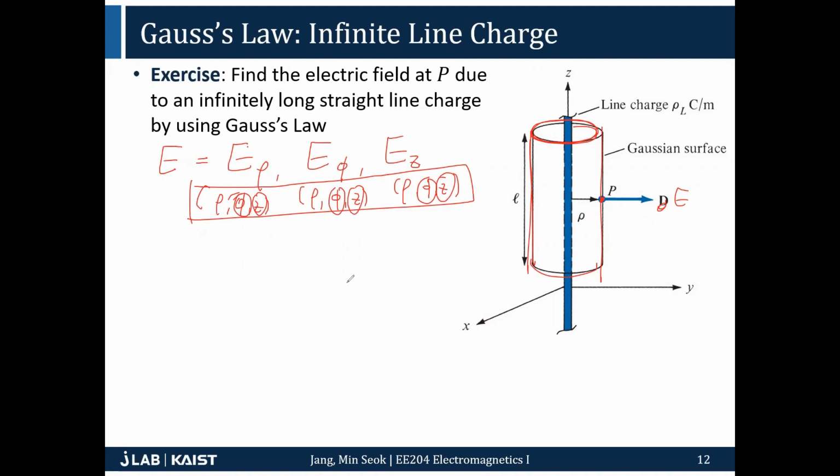Because it's easy, right? In order to know that, let's say you do a z translation, like you translate this entire system by z. Basically everything is the same, so it cannot depend on the z coordinate.